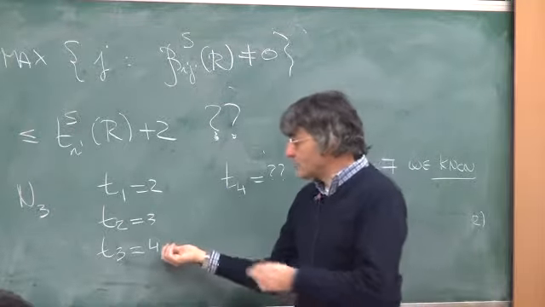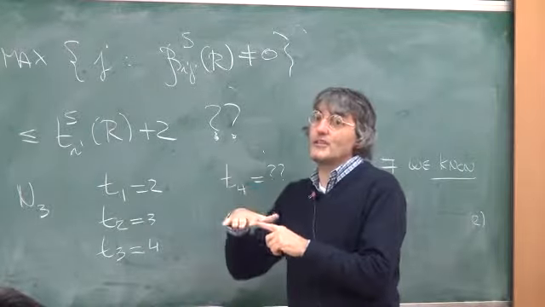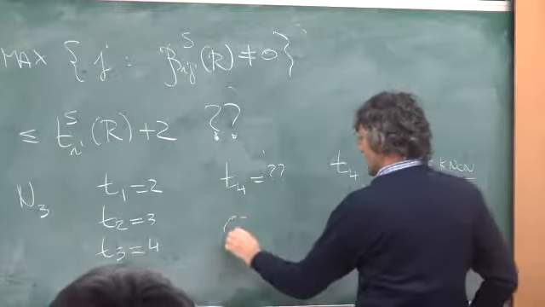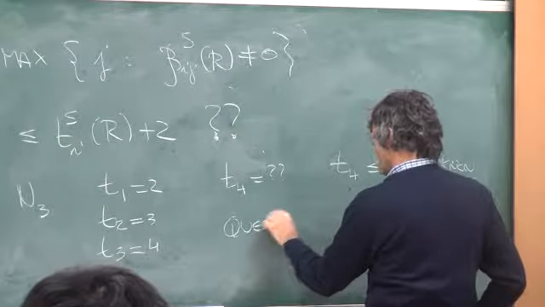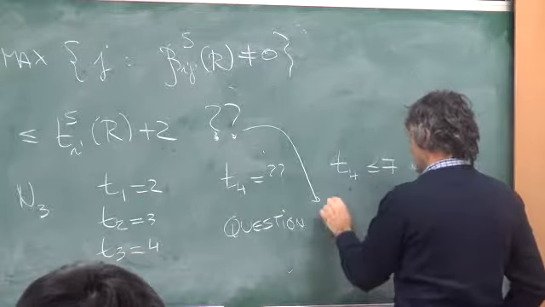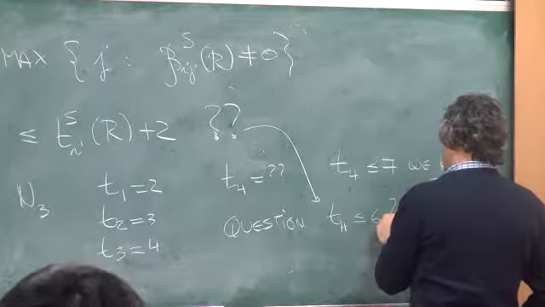Since I have lost 2 from the top line here, I will stay below that line from that point on. So the question is whether in this case t_4 is bounded by 6.